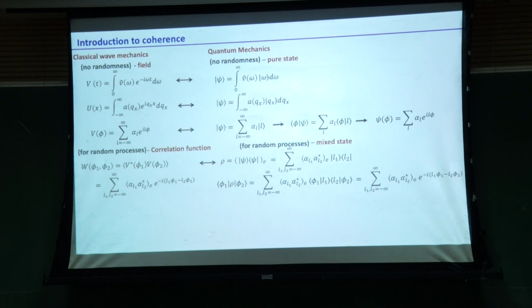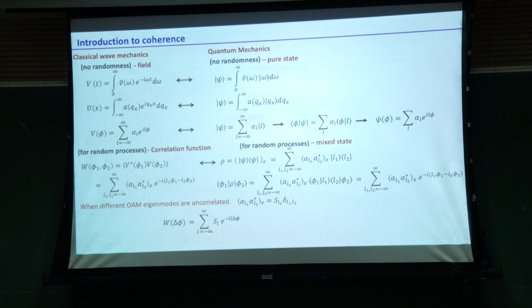So the density matrix element in quantum and the correlation function in classical are exactly the same thing. If I take a particular example, when alpha L1 and alpha L2 are completely uncorrelated, that means we are dealing with a bunch of OAM modes that are completely uncorrelated. In that case, this ensemble average will be just a delta function. And if it is a delta function, then this correlation depends on phi 1 and phi 2 only through the difference delta phi.